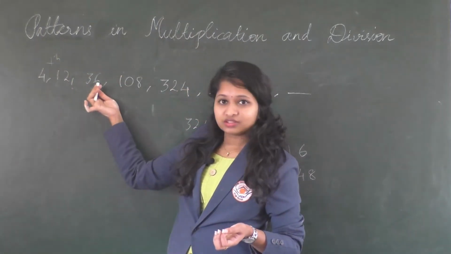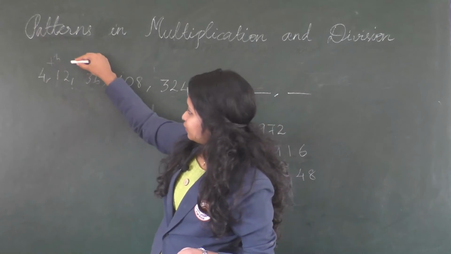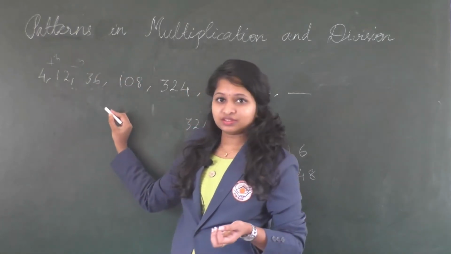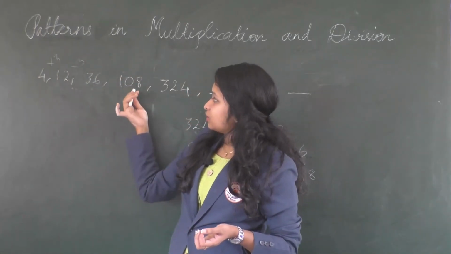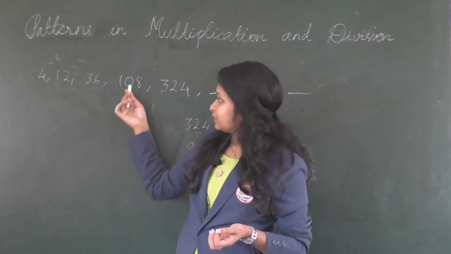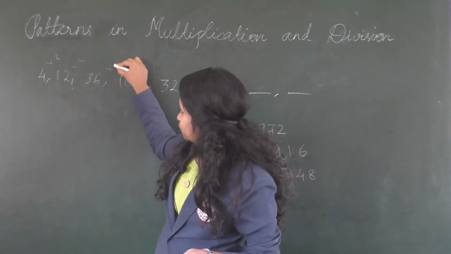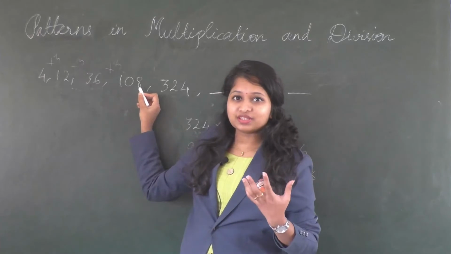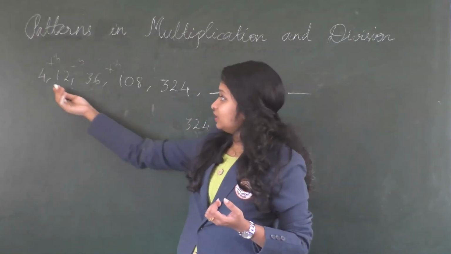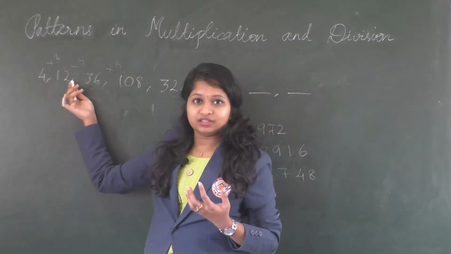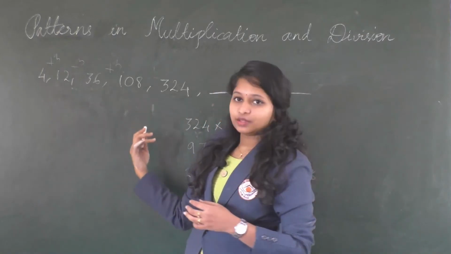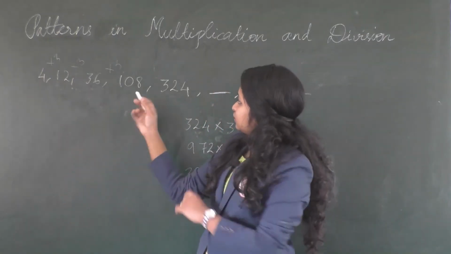Now 12 and 36. 12 into 3 is 36. 36 and 108. 36 into 3 is 108. That means we got the pattern, that is multiply by 3. So each number is multiplied by 3.